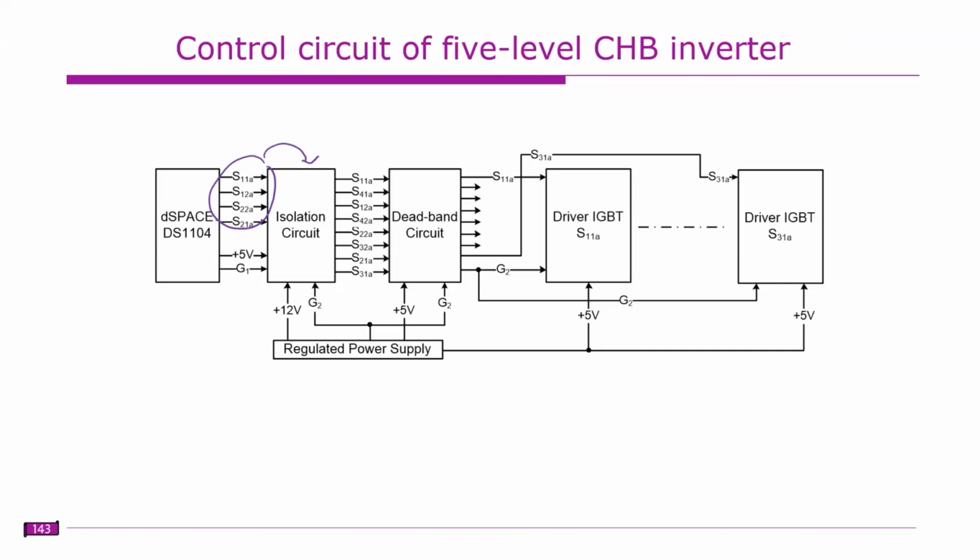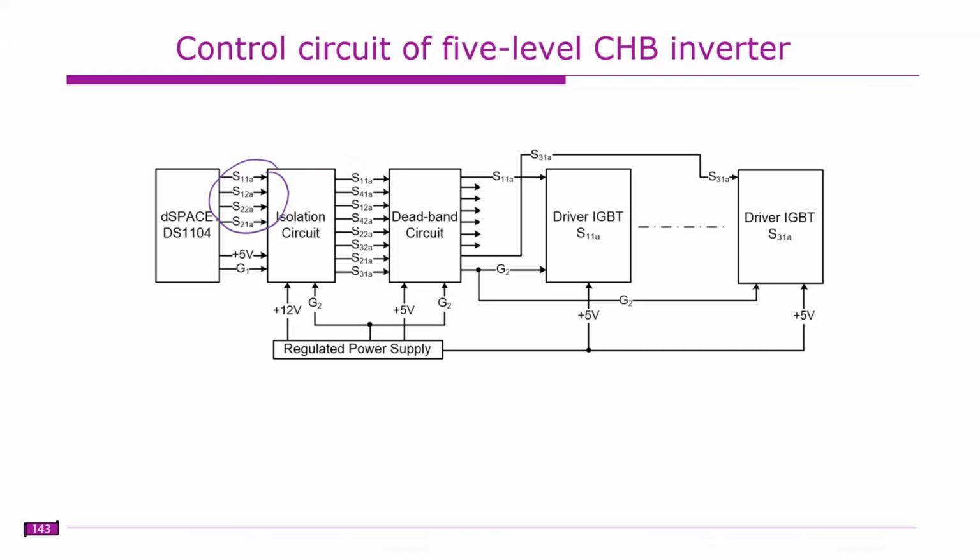This isolation circuit also provides the inverted signals, the negative signals for the upper and bottom devices. So the 4 firing pulses for the 4 switches are converted into 8 firing pulses.